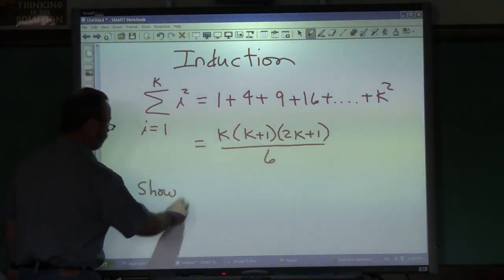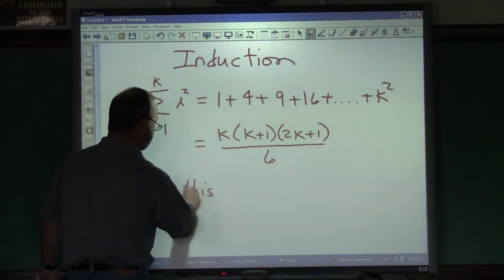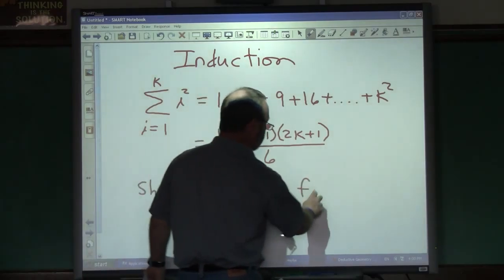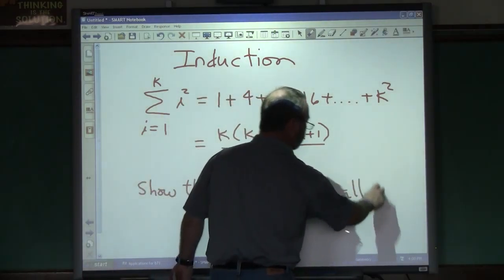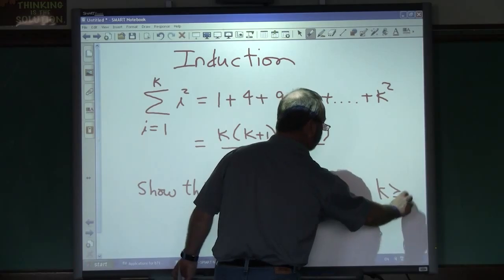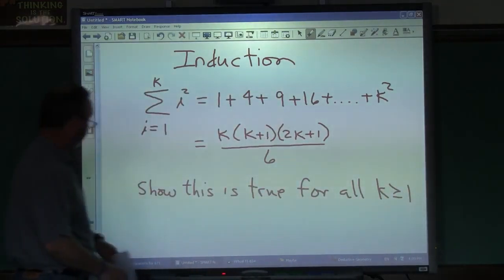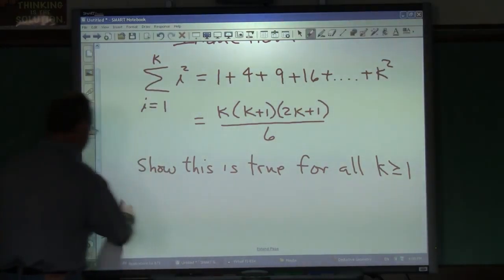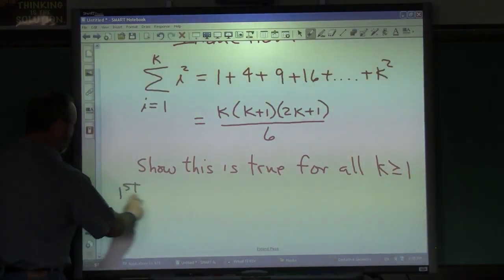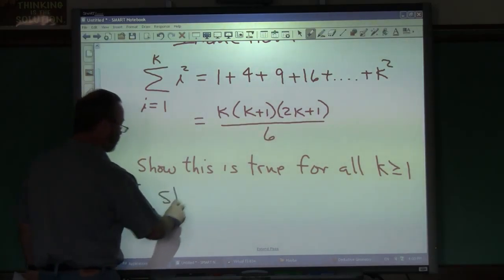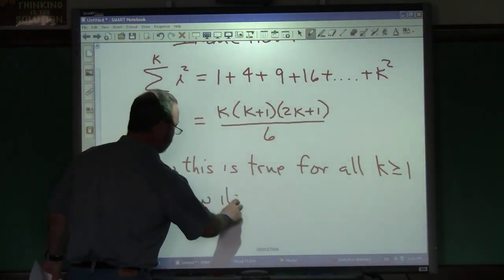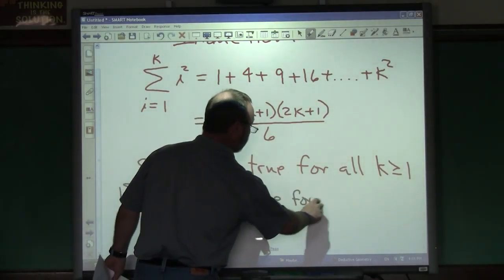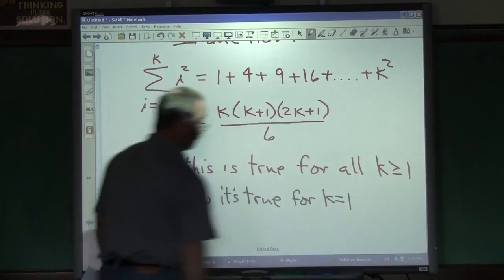I want to show that this is true for all k greater than or equal to 1. Okay, well, so first, show it's true for k equals 1.